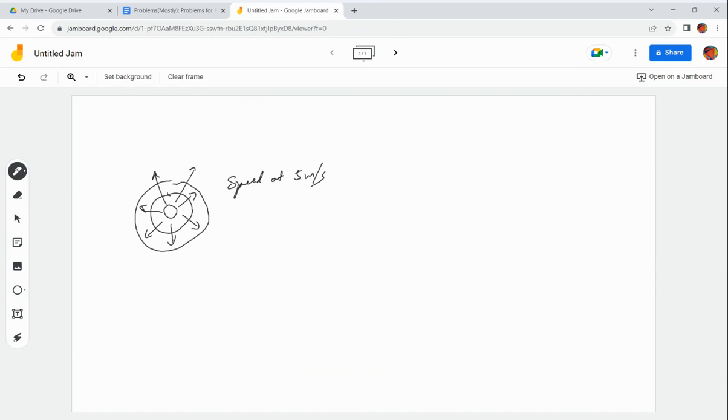If I was to give a direction like northeast, or I guess this is this way, west this way, this works actually perfect.